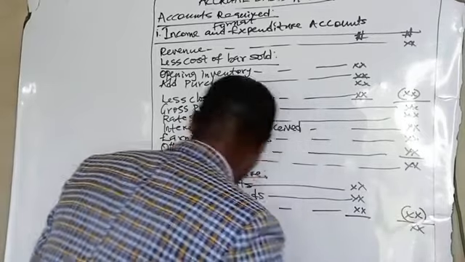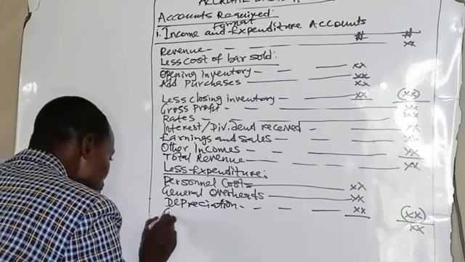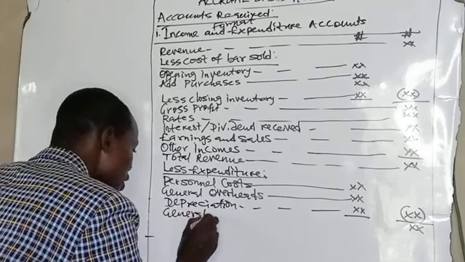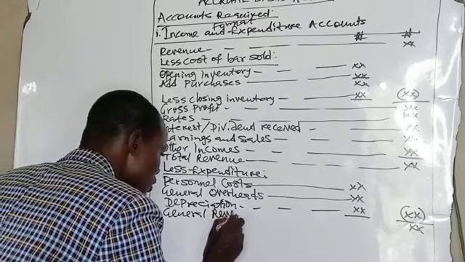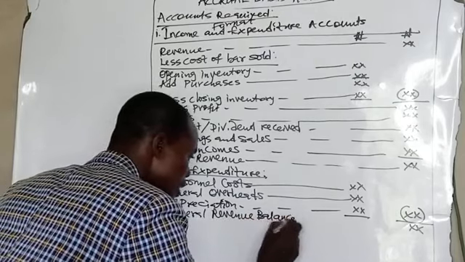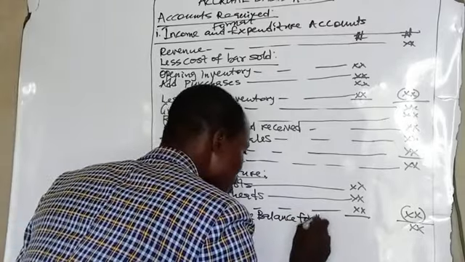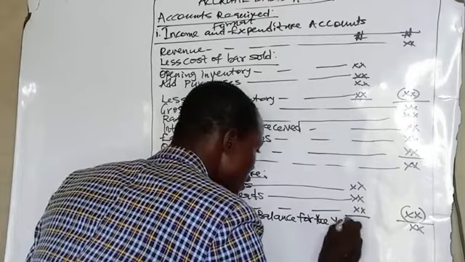Now deduct the total, you have the general revenue balance for the period, or for the year.